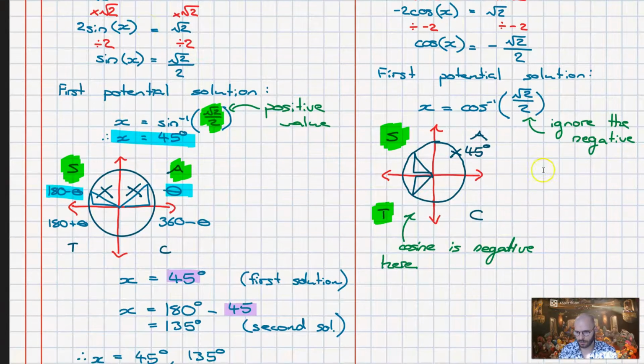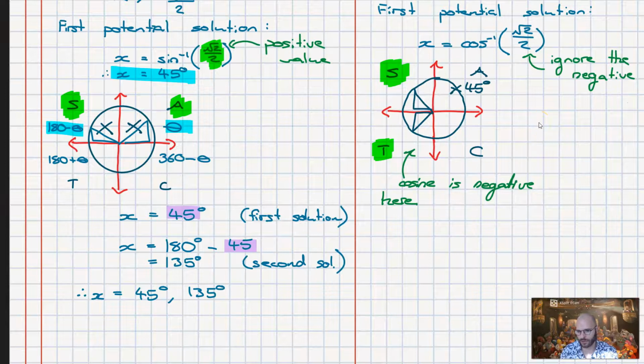Consequently, we have to refer back to the equivalent angles in the other quadrants. So in the first quadrant we're getting theta, so our theta corresponds to this value we got over here. So this would be 45 degrees. Now the angles that we're looking for are 180 minus theta and 180 plus theta.